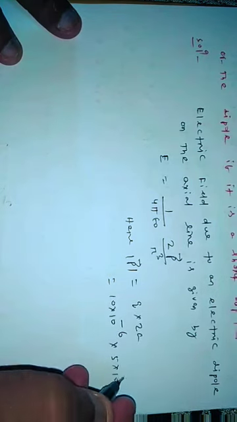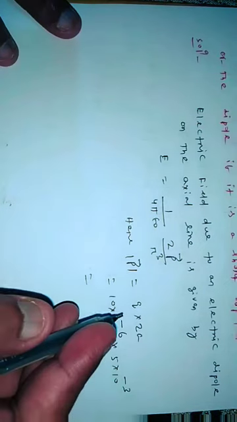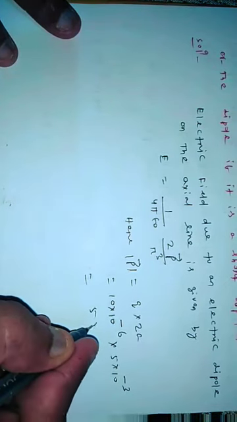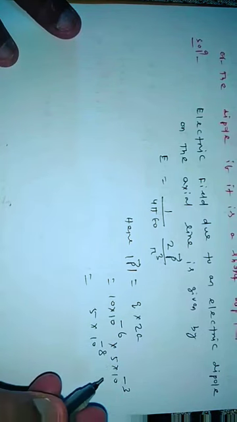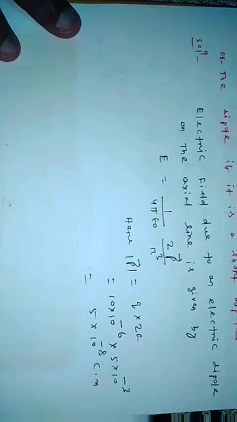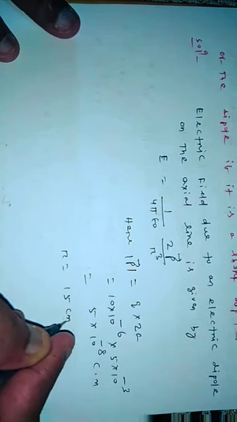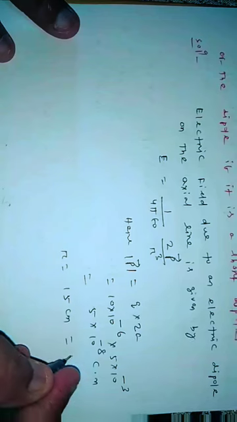This is equal to 5 into 10 to the power minus 8 coulomb into meter. Okay. And r is given as 15 centimeter or 0.15 meter.